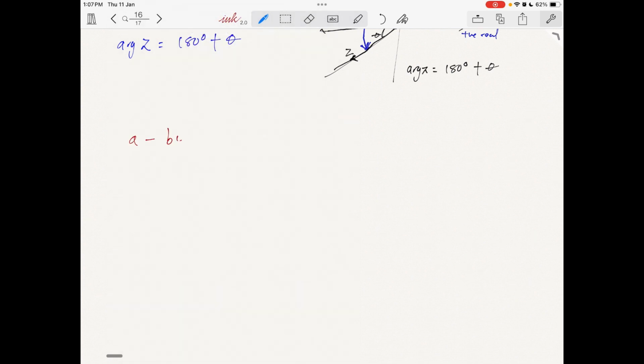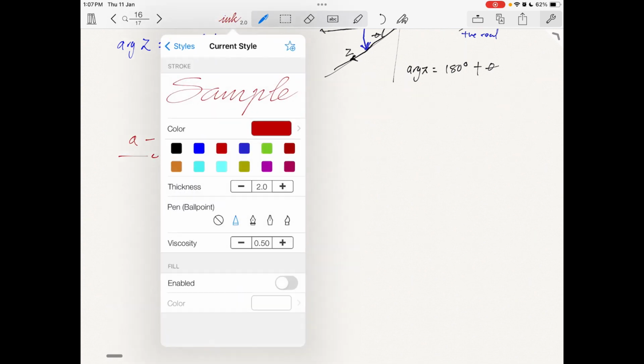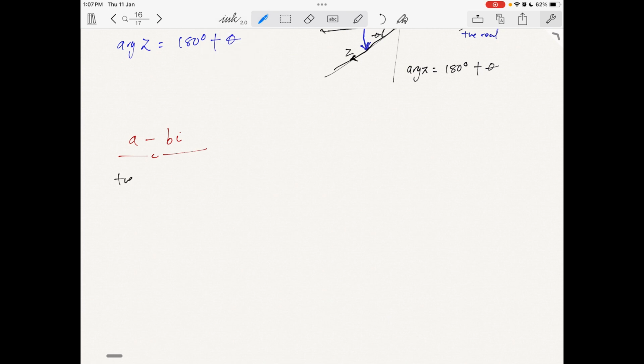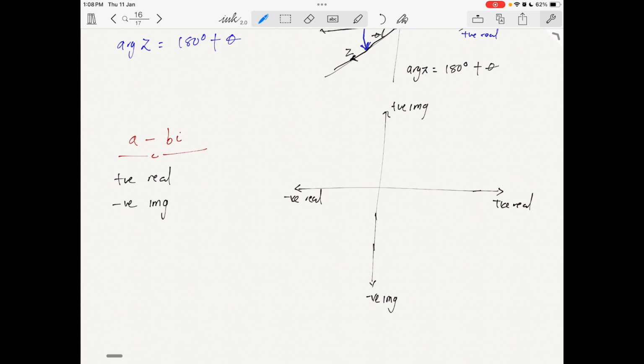A minus bi. In a minus bi, we have a positive real and we have a negative imaginary. Okay, now drawing the Argand diagram: positive real, positive imaginary, negative imaginary, and negative real.